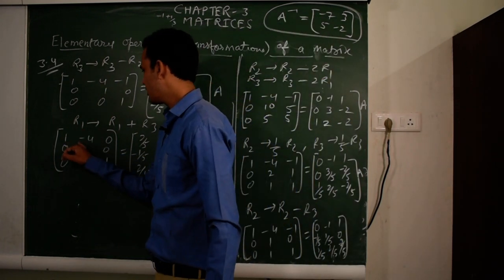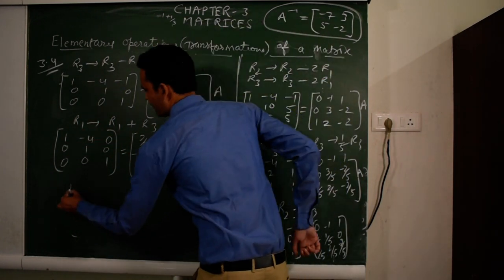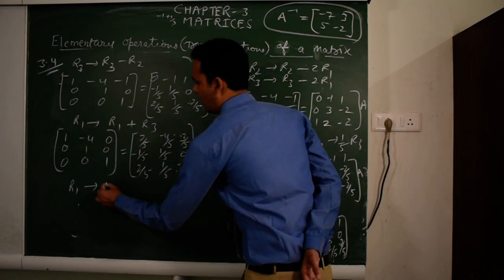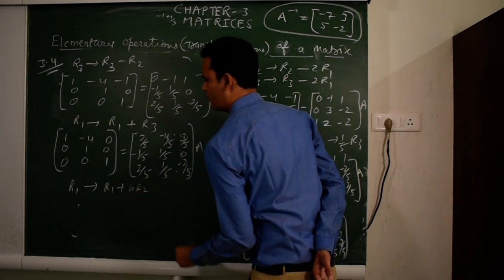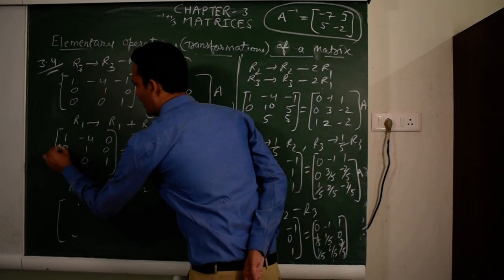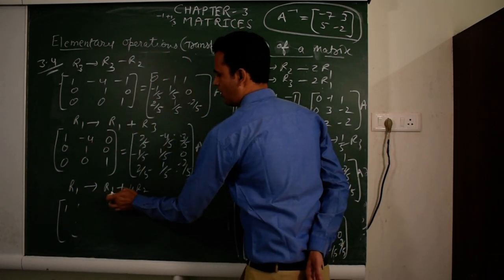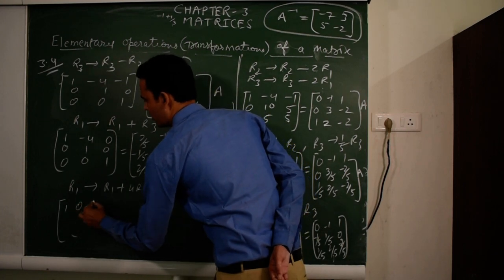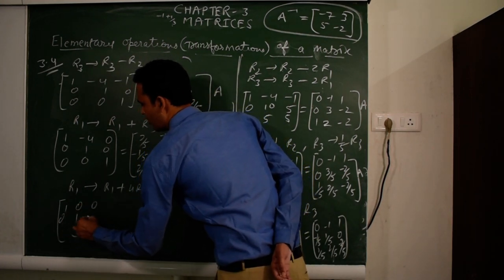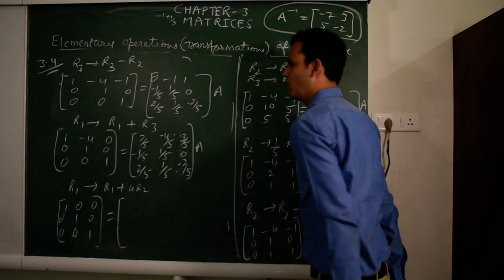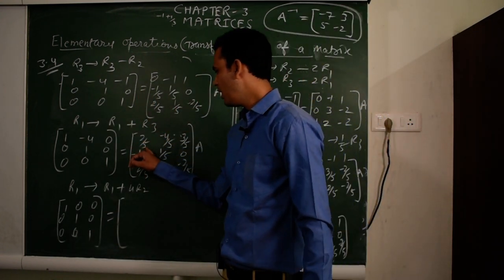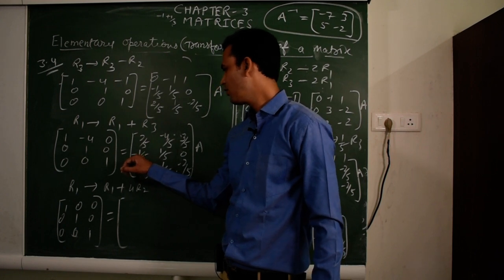Now we have to change this term as 0. So change in R1 again, R1 plus 4R2. So 1 minus 4 plus 4 is 0 0, no change in any other element. Same changes we apply here. So R1 2 by 5 plus minus 4 by 5.